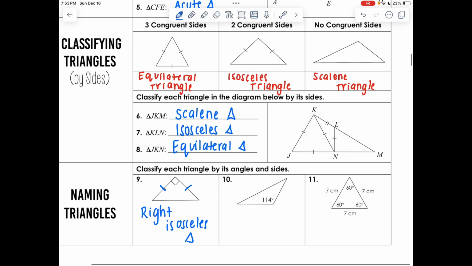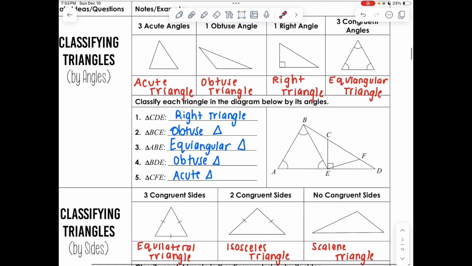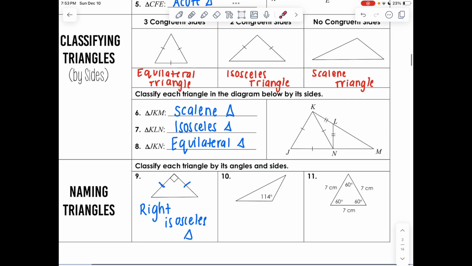Okay, angles here. So if we go back to the top here, remember if one angle is obtuse, anything greater than 90, it's an obtuse triangle. And then it doesn't have any equal sides, so scalene.